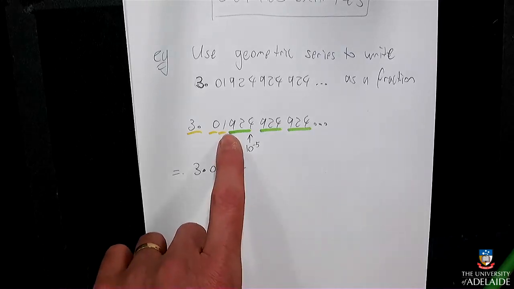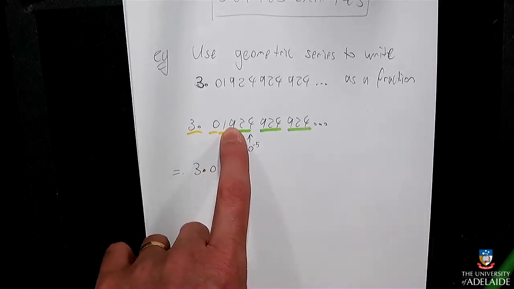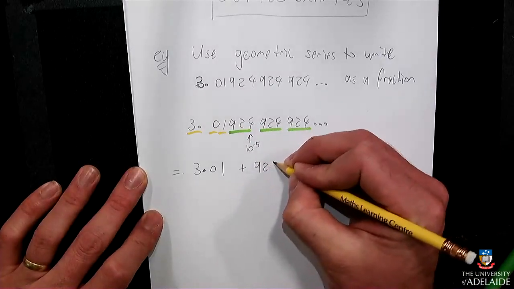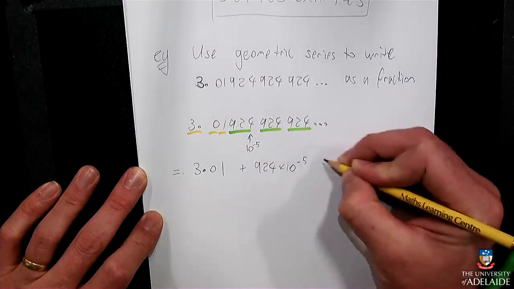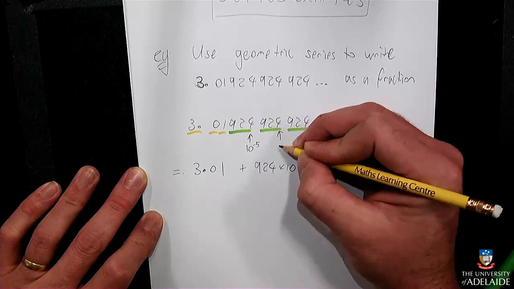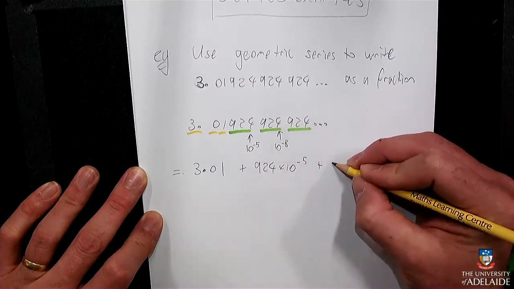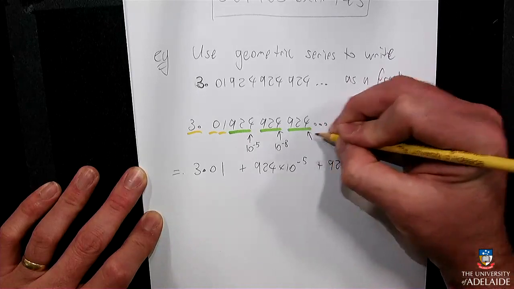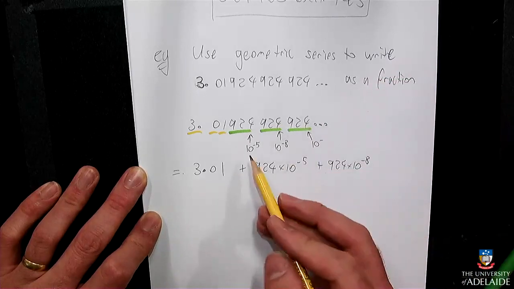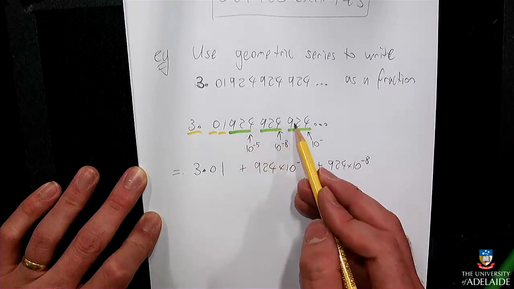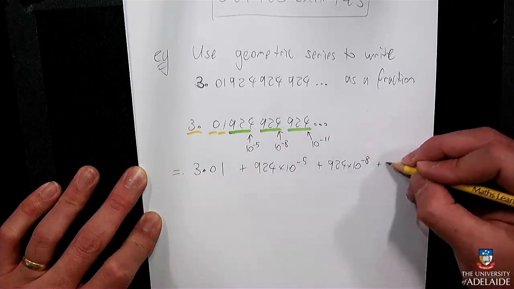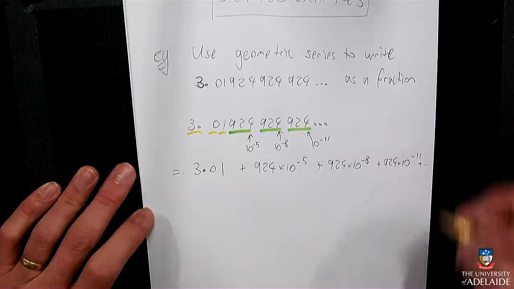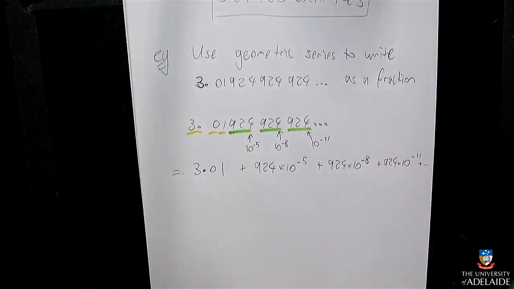So I have 924 times 10 to the minus 5. And this one is in the 10 to the minus 8 position. And this one is 3 more, right? So 5, 6, 7, 8, 9, 10, 11, the minus 11 position. And so on. So I can rewrite my number like this.